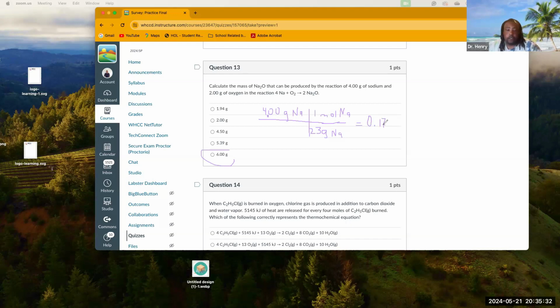So let's do this. Since we want the mass, we're going to go all out. So we're going to do the mole ratio of sodium to sodium oxide. So then for every 4 moles of sodium, we're going to get 2 moles of our sodium oxide.